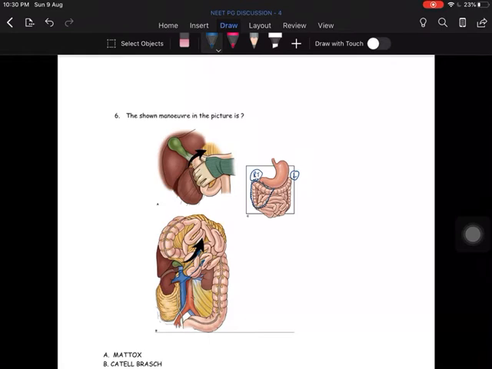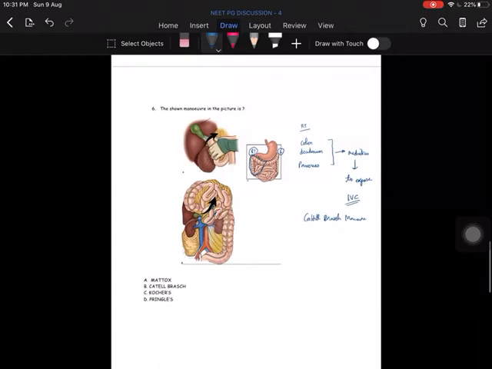On the right part, the right colon, the duodenum and the pancreas, we are medializing them to expose retroperitoneal structures, like in this case IVC. This maneuver is known as Cattell-Braasch maneuver. So the answer is Cattell-Braasch maneuver.